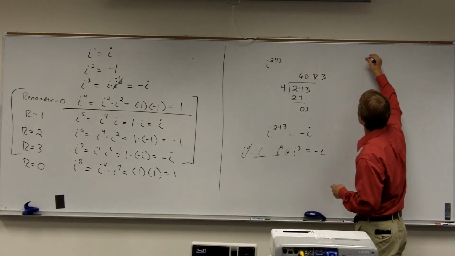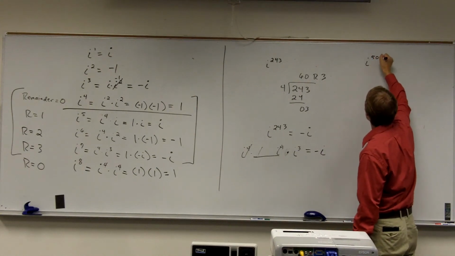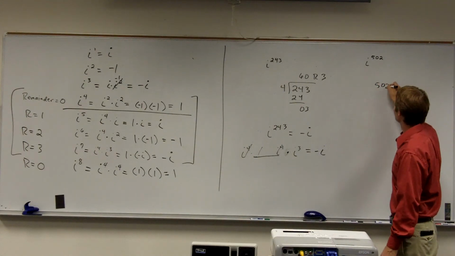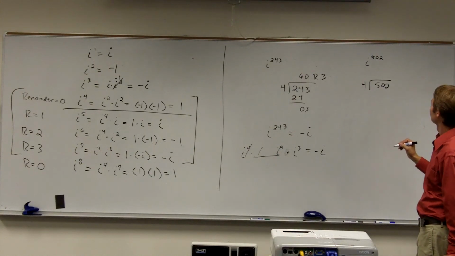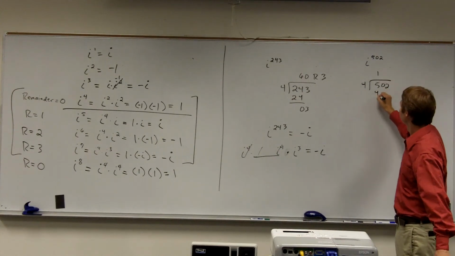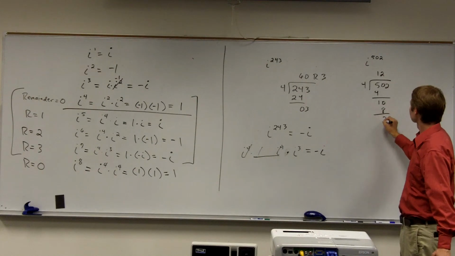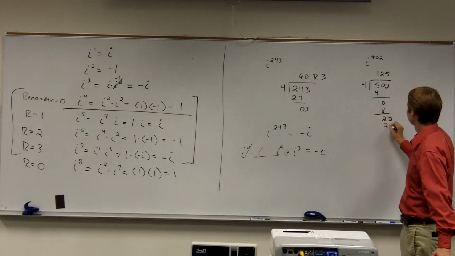We'll do one more just for good measure. i to the 502nd power. So we're going to just take 502 divided by 4. So 1, and then 4 goes into 10 twice, and 4 goes into 22 5 times.